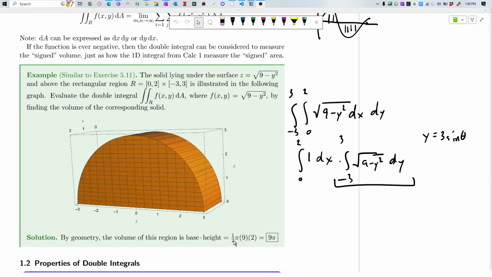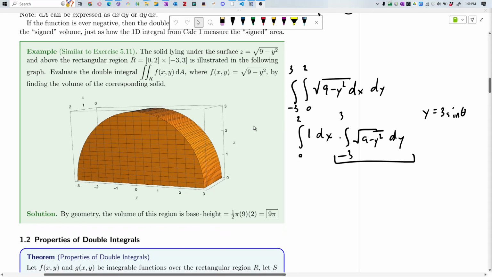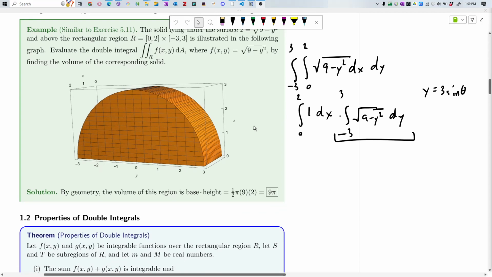So 1/2 pi times radius squared. Radius is 3, so 9, and this gives you 9 pi. So I don't need to actually integrate in this question. That's the point of this exercise: instead of integrating, you can think about it visually and use your volume formulas from geometry.